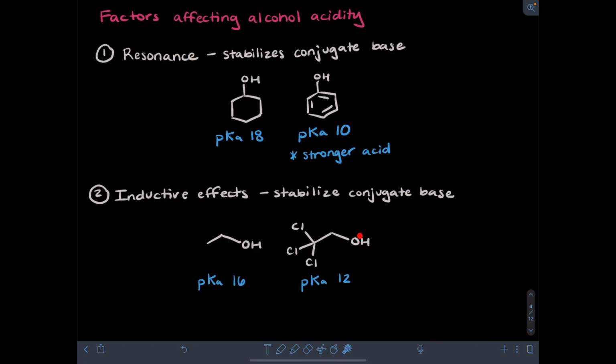The added negative charge on the oxygen of the trichloro molecule is stabilized by these electron-withdrawing chlorine groups in the molecule. This means that the conjugate base of this molecule is more stable, meaning that it came from a stronger acid with a lower pKa.